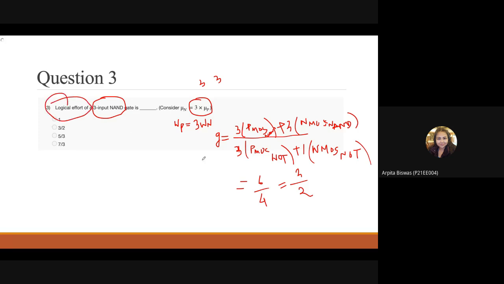The calculation part is that way: 3 NMOS and 3 PMOS are in series, both participating. But for the inverter, one NMOS and one PMOS are participating, but here the condition is given. That's why for the NOT gate, thrice of PMOS, like WP equal to thrice of Wn. Okay.